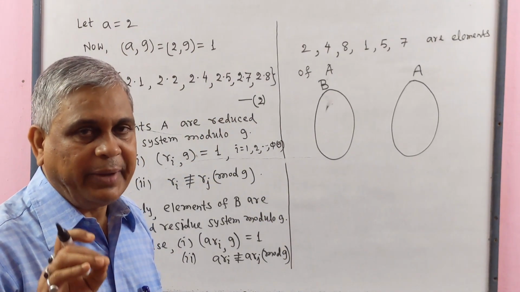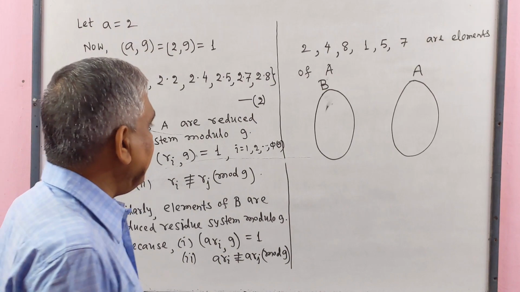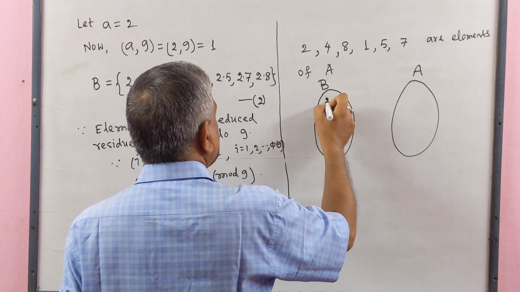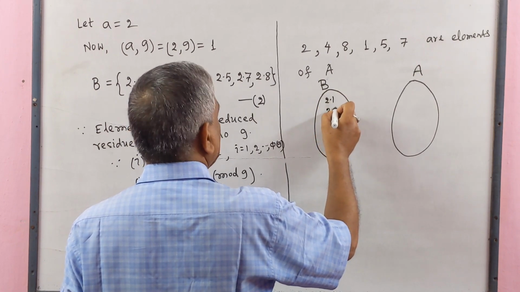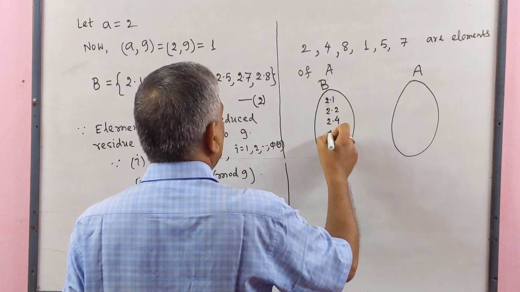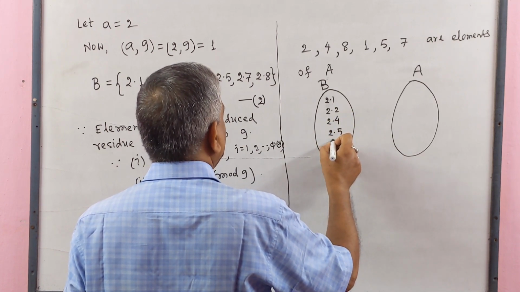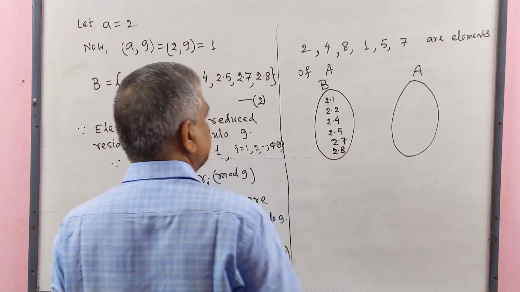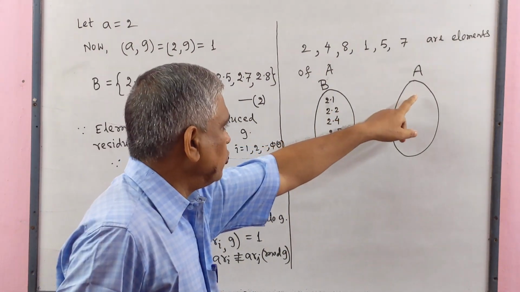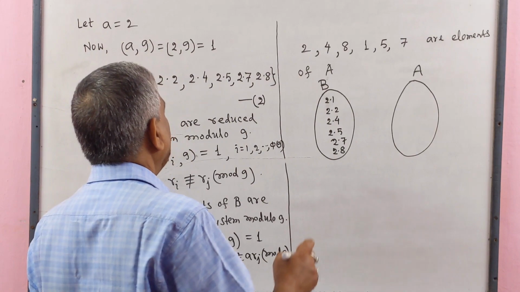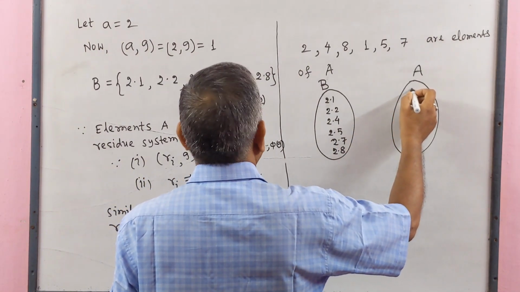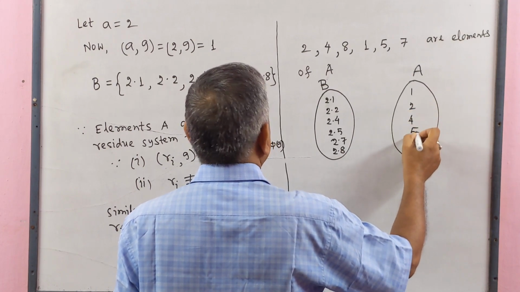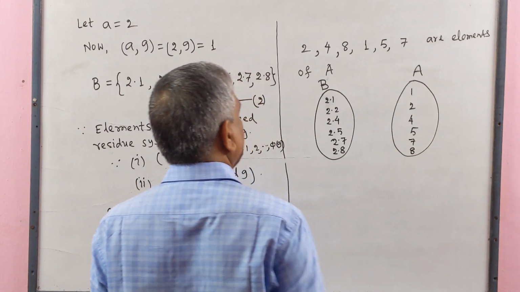Now we take a mapping such that the domain is set B, which contains elements 2 multiply 1, 2 multiply 2, 2 multiply 4, 2 multiply 5, 2 multiply 7, 2 multiply 8, and the codomain contains elements of A: 1, 2, 4, 5, 7, 8.